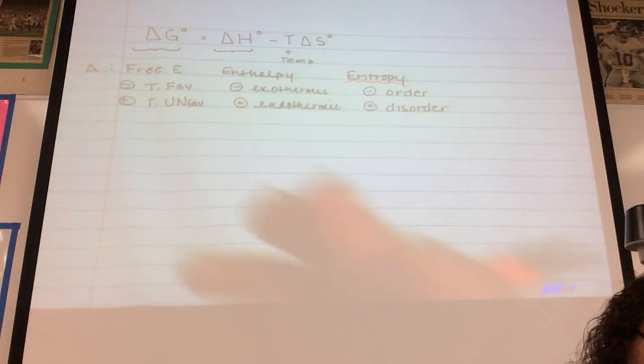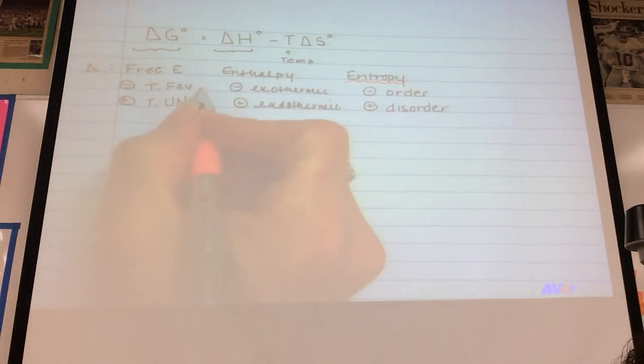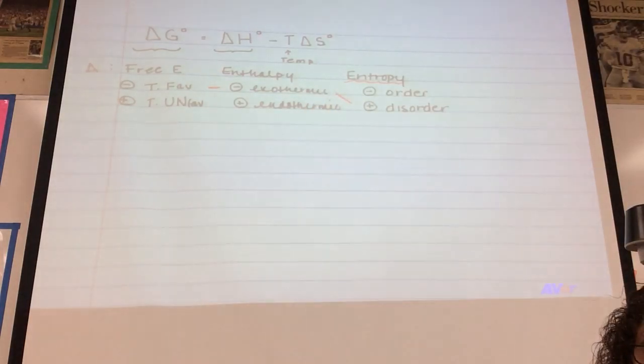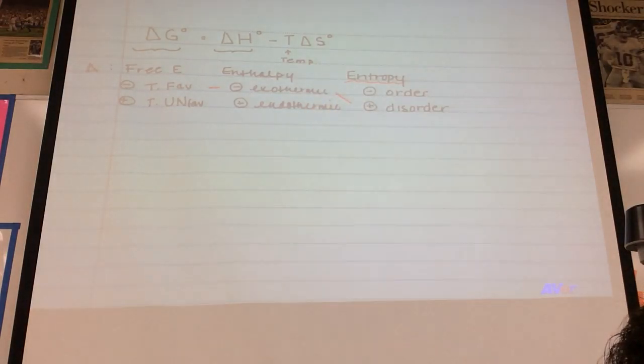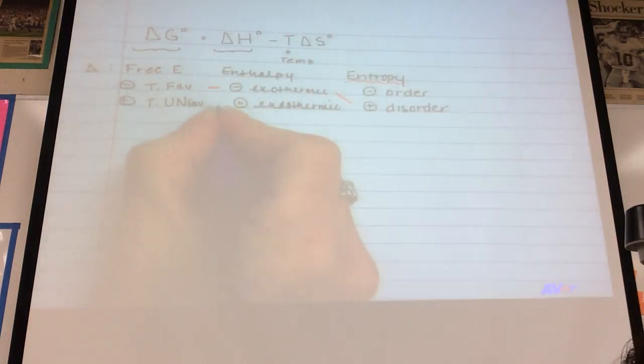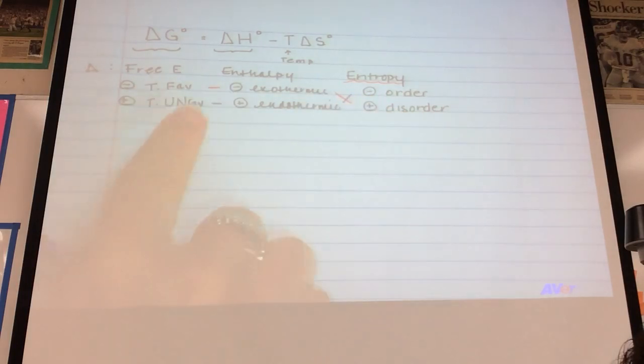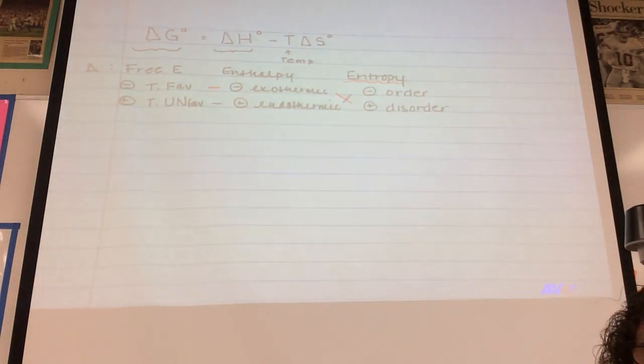The best combination for a thermodynamically favorable reaction is an exothermic reaction that illustrates disorder. On the flip side, any reaction that is both endothermic and ordered will never be thermodynamically favorable.